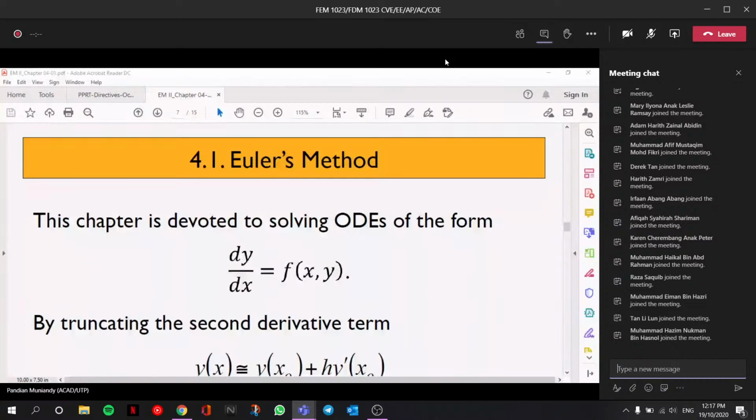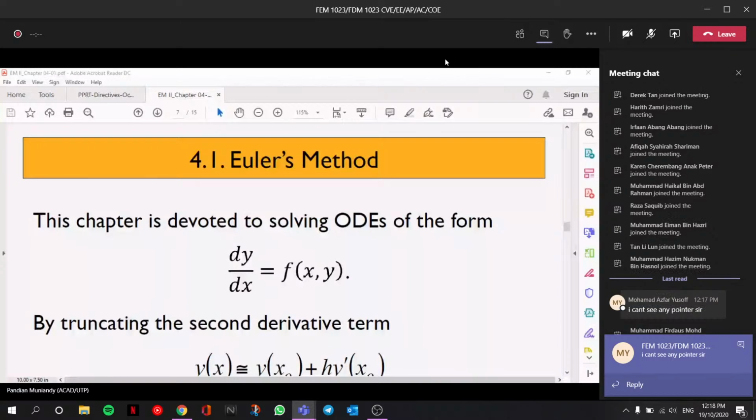Any first order differential equation, dy dx equals f(x,y), you must write in this form. dy dx on the left hand side. Any term beside dy dx, you bring to the right hand side. This is the standard form, dy dx equals f(x,y). So if you want to use the Euler method, you must first write this form. Make sure you write the differential equation in this form.